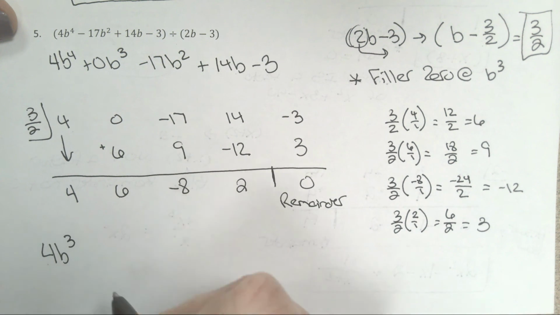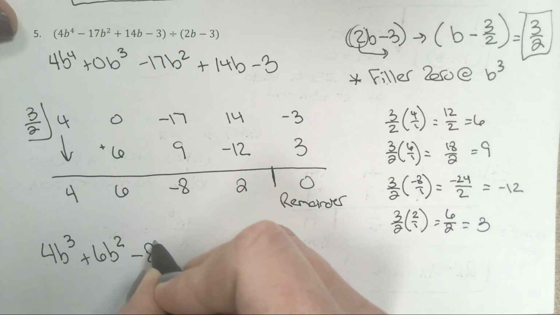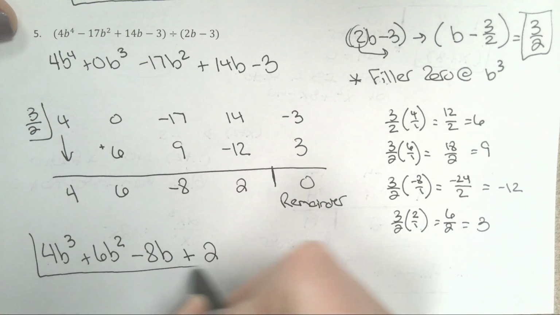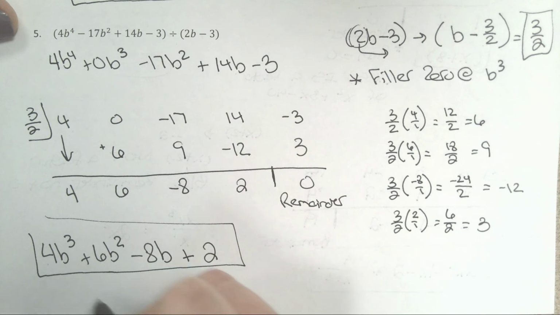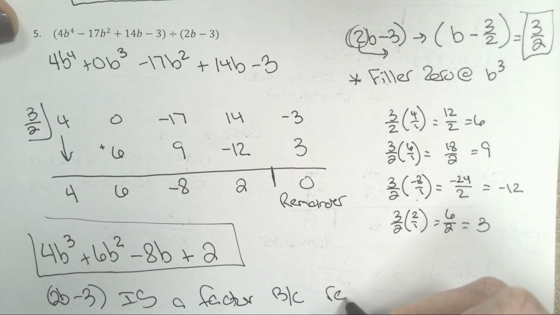So 4b to the third plus 6b to the second minus 8b plus 2. And I can say that 2b minus 3 is a factor because my remainder is 0.